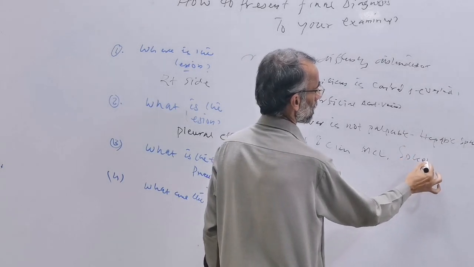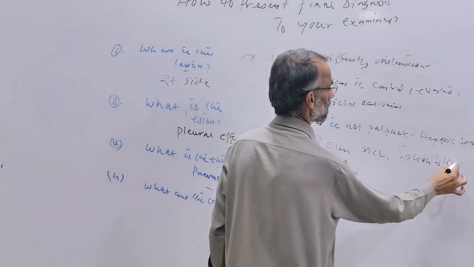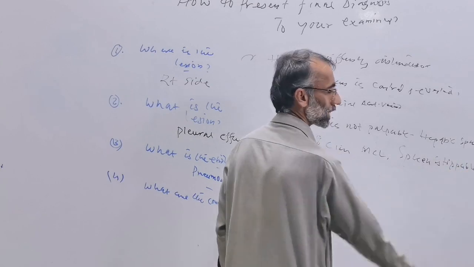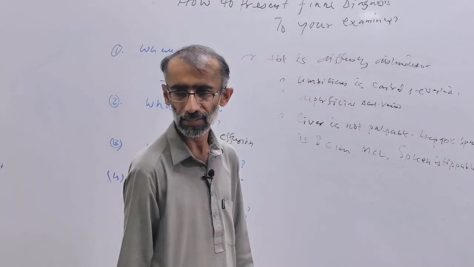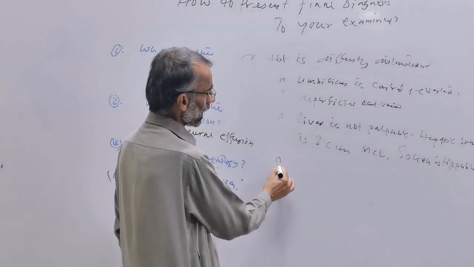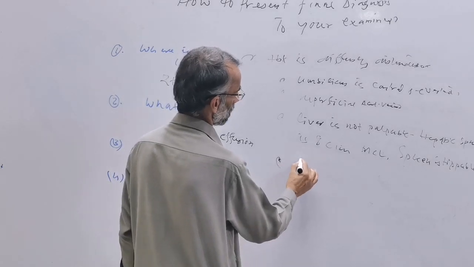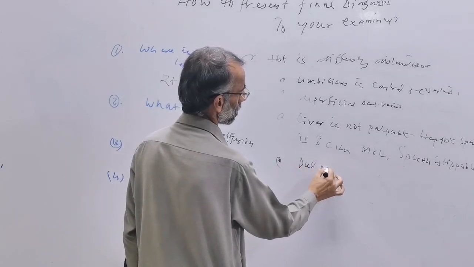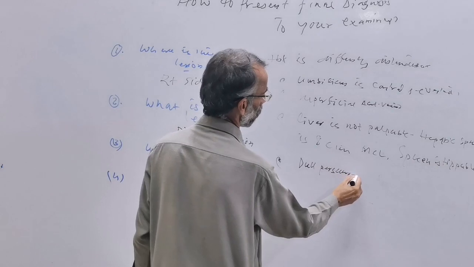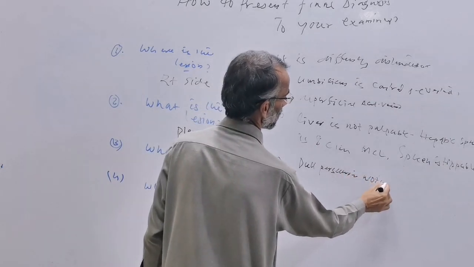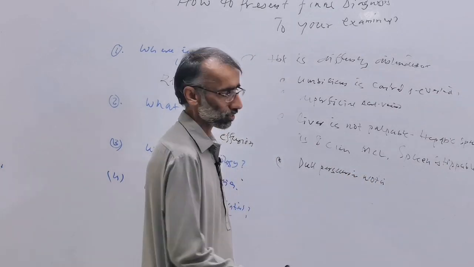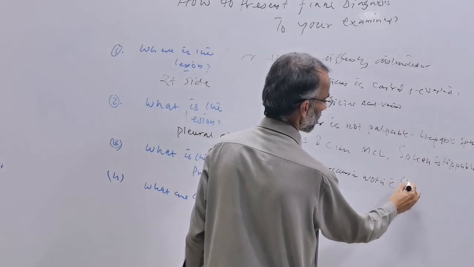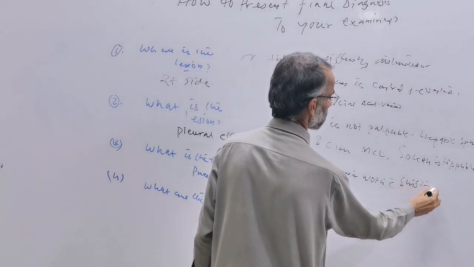Spleen is palpable, only the tip of the spleen. There is a dull percussion note in the flanks with shifting dullness.